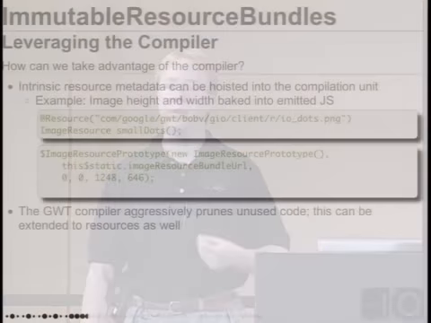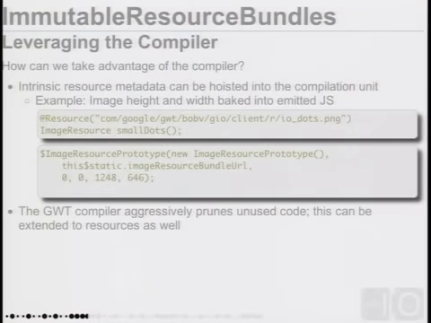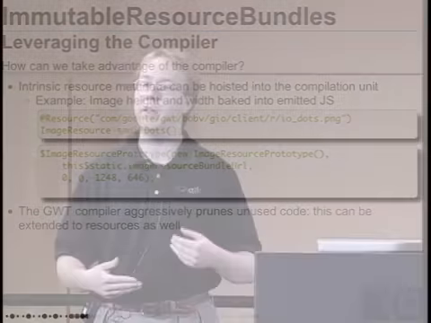Compiler leverage, very, very important. It's the reason why we have the toolkit: because we have a compilation system. We can do all kinds of neat and fun stuff. By taking intrinsic metadata about a resource and embedding it into the application, we can get all kinds of nice optimizations at runtime. Like, say you have an image resource. We can already know the exact width and height of that image when you compile it, so that when you're creating DOM elements, they are already the right size, and you don't get that jittery effect as the browser is downloading images and potentially resizing your DOM elements.